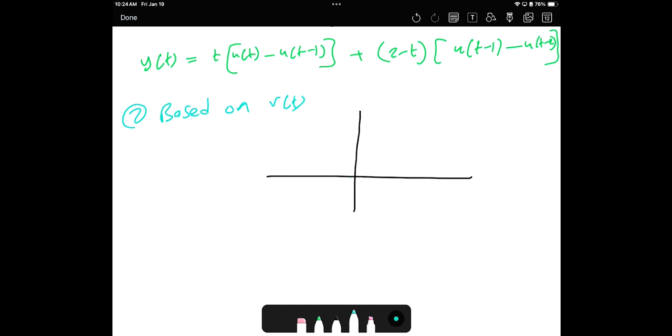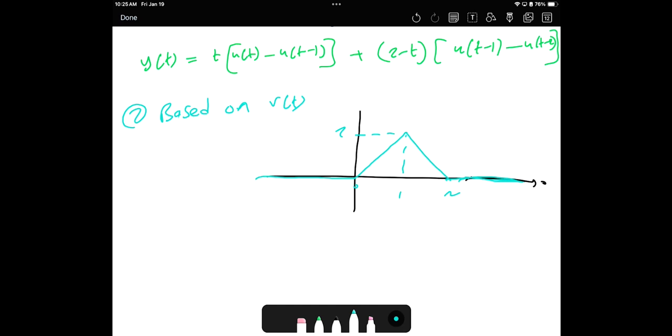So here it is 0, and 0, here is 1, this is 2, this is 2, and here, this is 0. So, when we look at these regions, it's divided into 4 regions. Let's look at region 2 and 3.